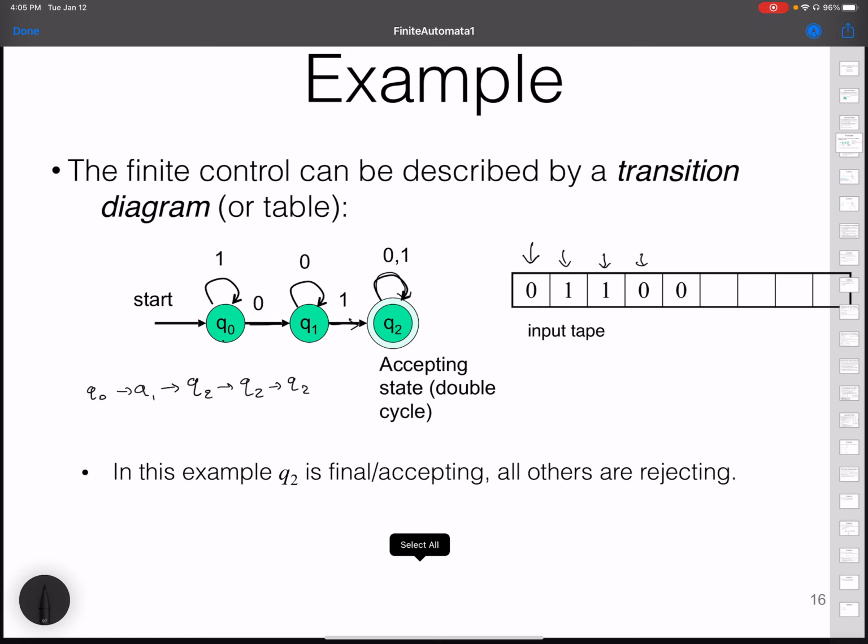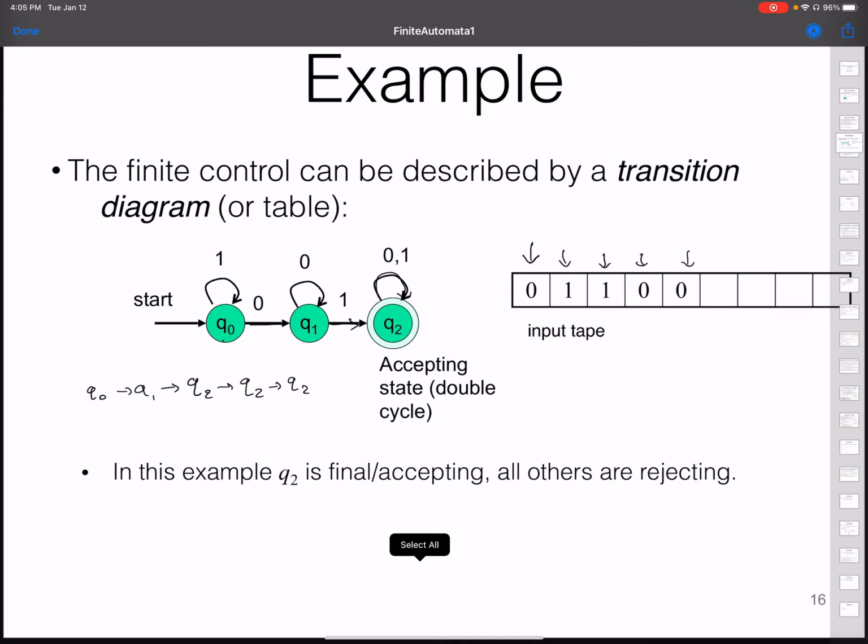This is exactly how we read an input over this example of a deterministic finite state. When you reach the end of the string, you will be at state Q2.